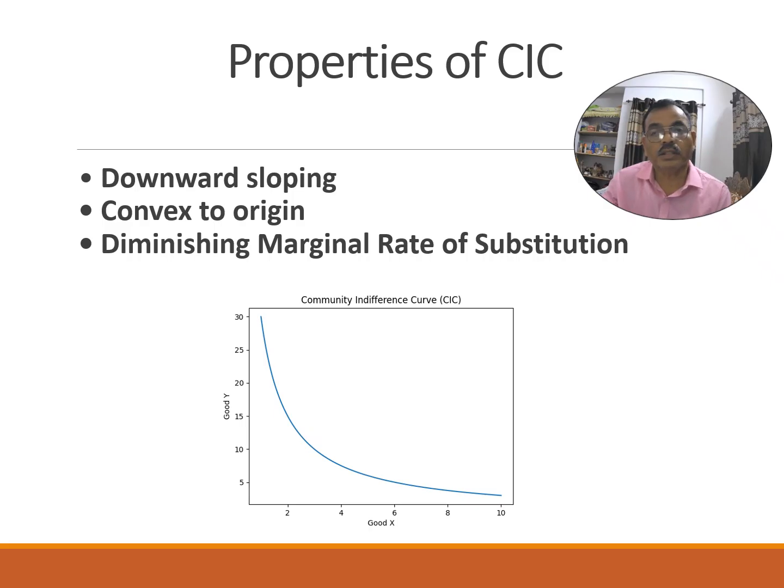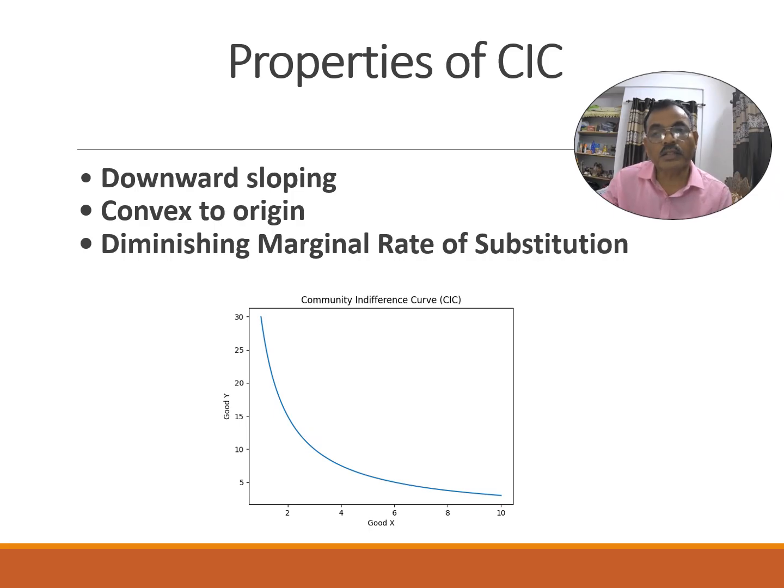First, it is downward sloping, because if society consumes more of X, it must consume less of Y to remain on the same welfare level. Second, it is convex to the origin due to diminishing marginal rate of substitution. Third, higher curves indicate higher levels of welfare.